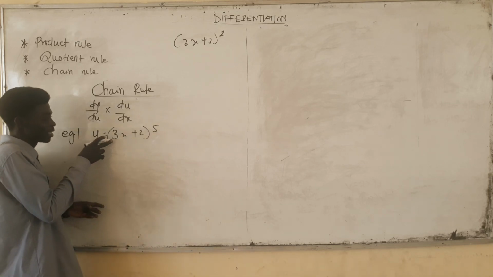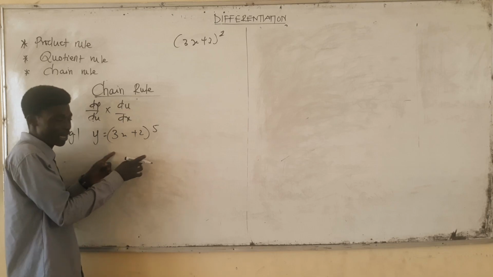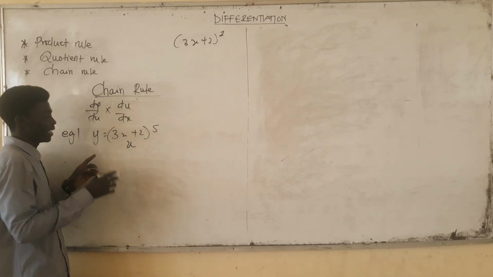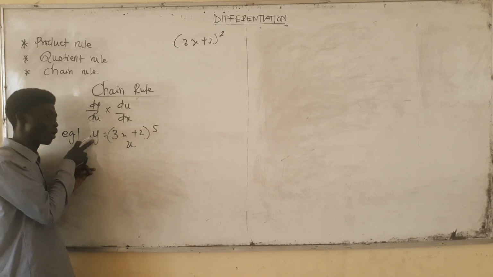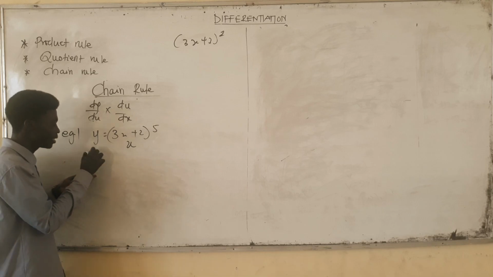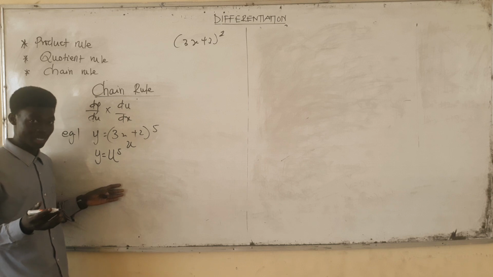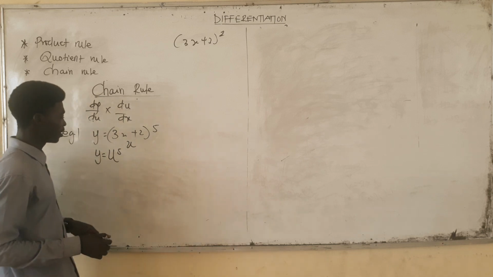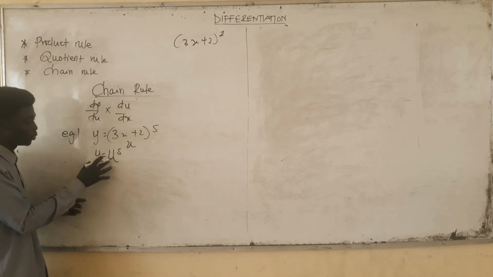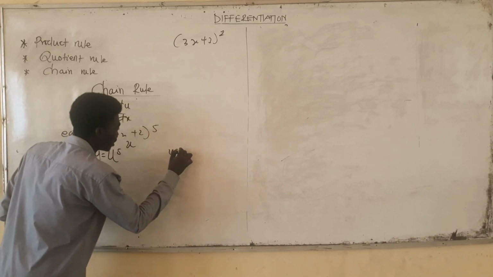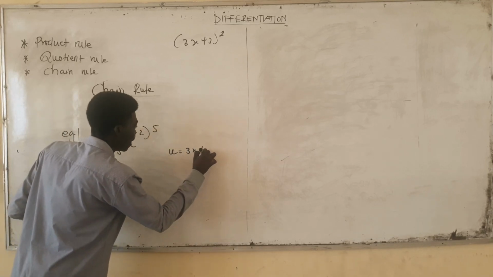We are saying that 3x plus 2, the one in the bracket, is our u. And this entire thing here is our y, right? So we can write y as u raised to the power 5, isn't it? So now you know that y is u raised to the power 5, and our u is 3x plus 2.